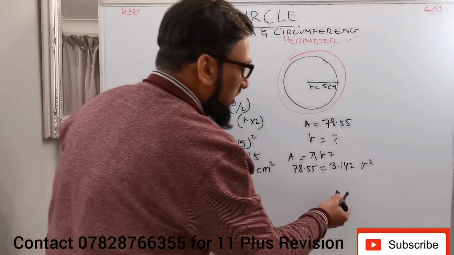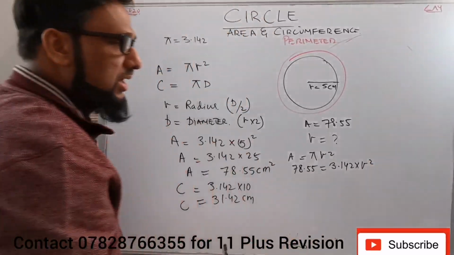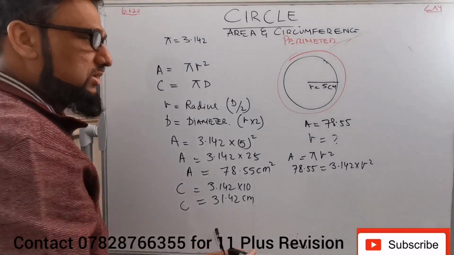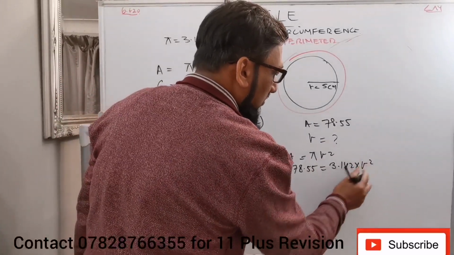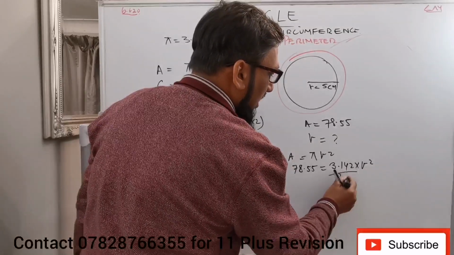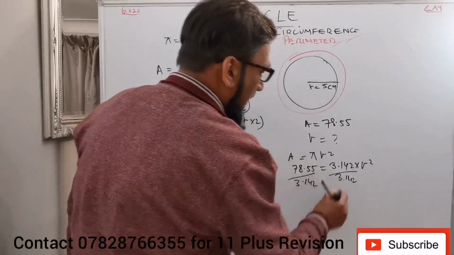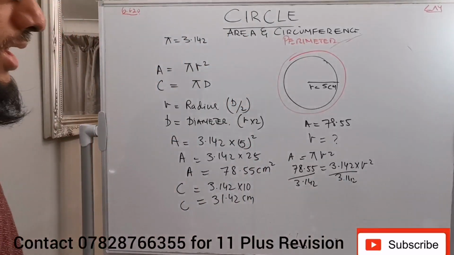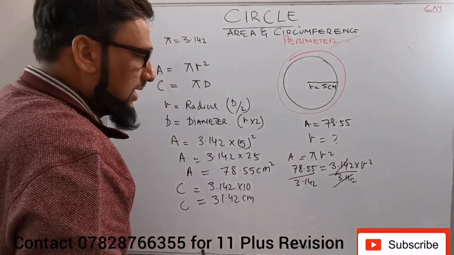On the basis of the equation, 3.142 times r square, we need to divide both sides by 3.142, so this cancels this.